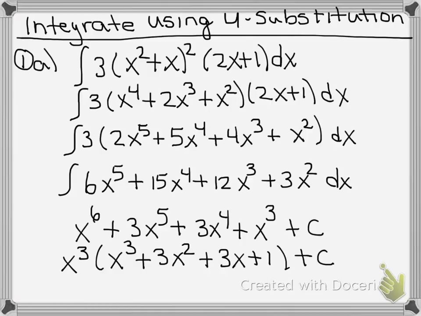Now, you might notice the x cubed plus 3x squared plus 3x plus 1 might resemble Pascal's triangle, the 1, 3, 3, 1 bit. If not, I'll just tell you that that is actually x plus 1 to the 3rd power. Again, that constant hanging out on the outside right there.